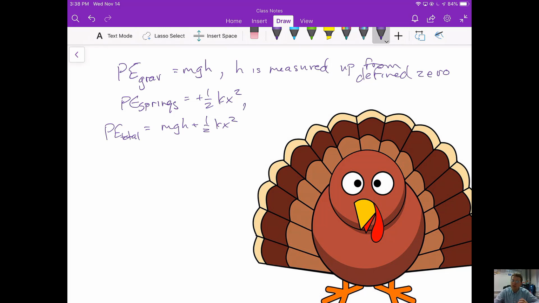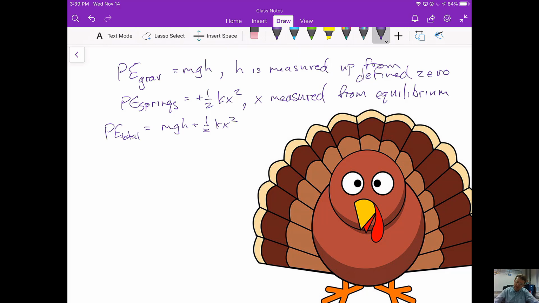Okay, you're right. x is measured from the equilibrium position of the spring. So we will have to define the potential energy to be 0 when the spring is in its equilibrium position, where it doesn't want to move.